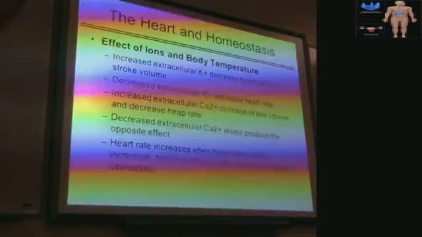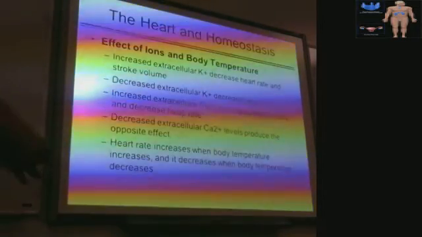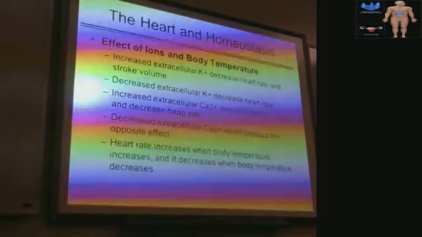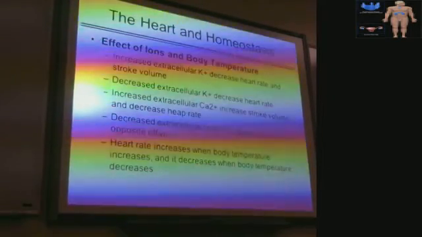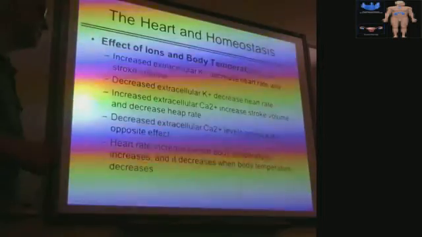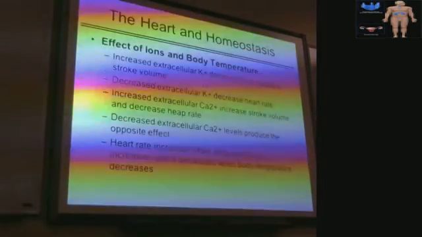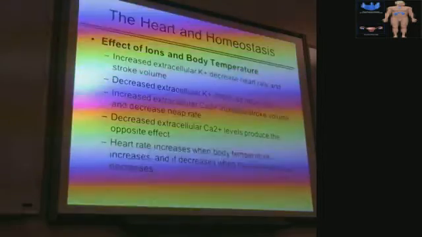If there's more outside than there is inside, that membrane potential cannot occur very well. Increased extracellular calcium will increase stroke volume and decrease the heart rate, and decreased extracellular calcium levels will produce the opposite effect.